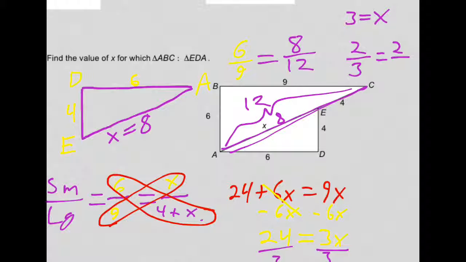And then I can divide 12 by 4 and get 3. So it works out. This reduces down to this right here. And I know if I've got my two ratios for my sides, if I can reduce them down to an equal fraction, I know my sides are proportional.